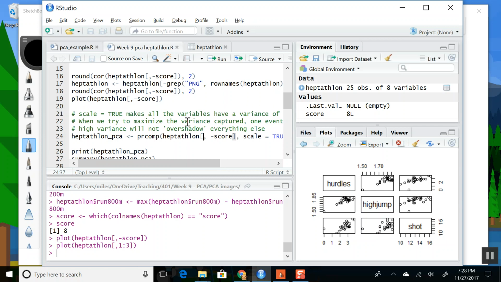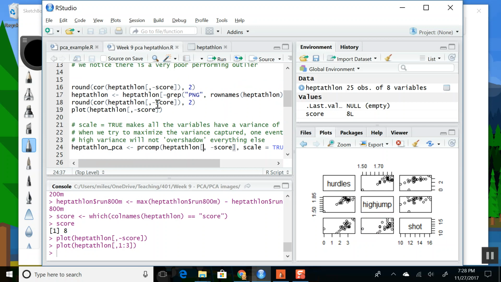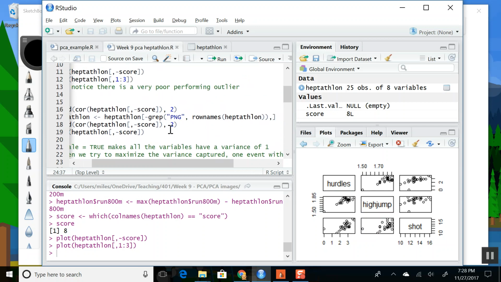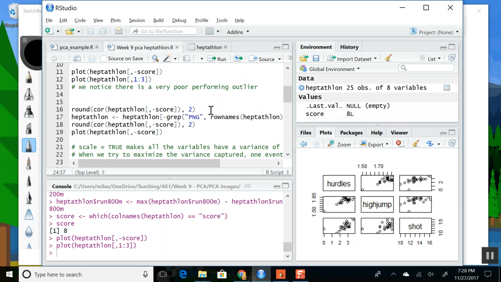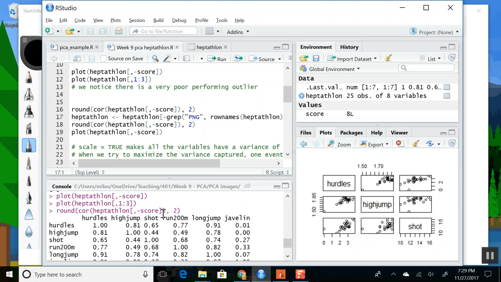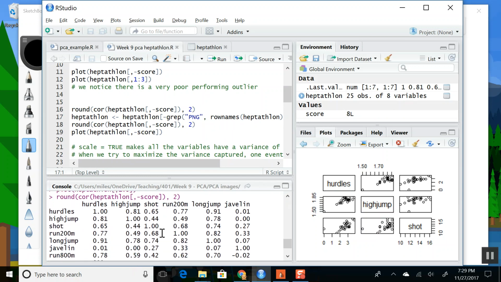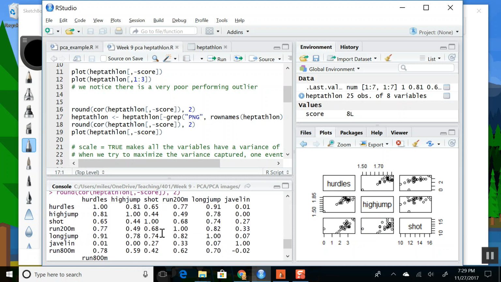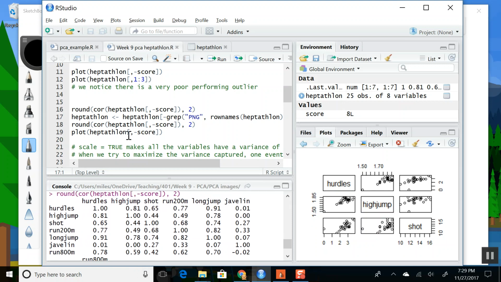Okay, so if I calculate the correlation matrix, this is what we'll end up having, okay?